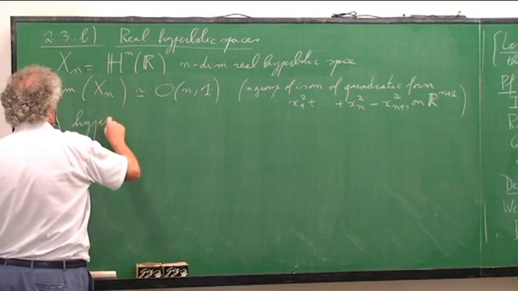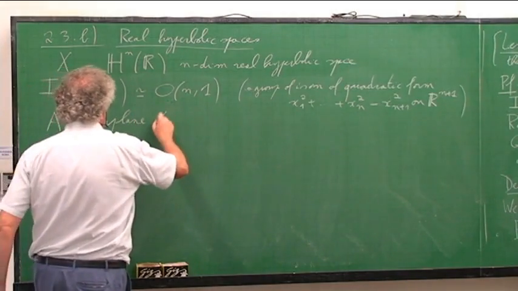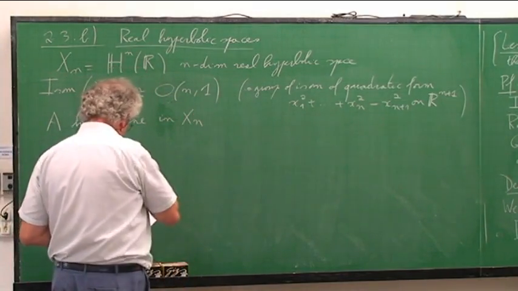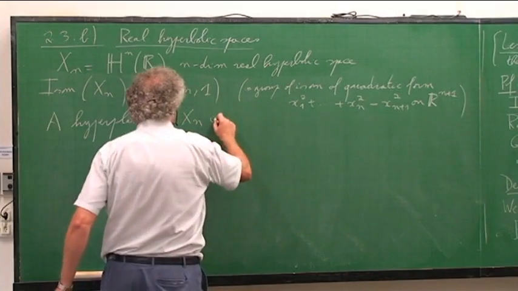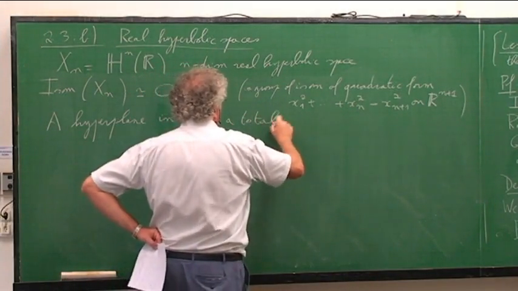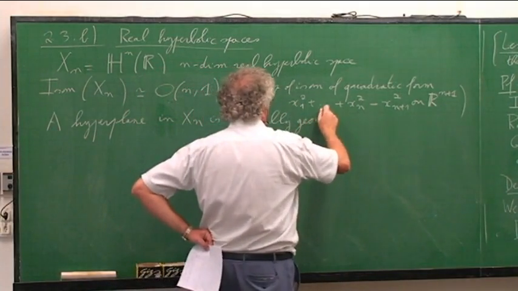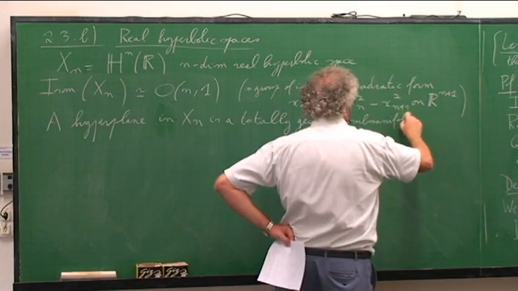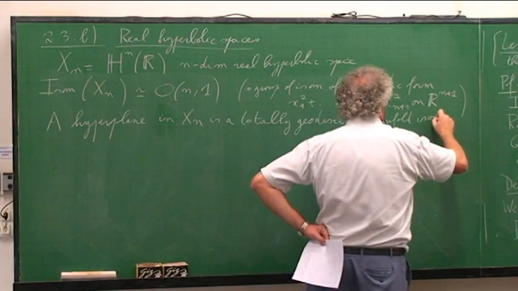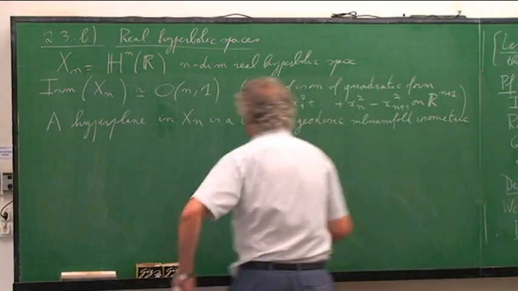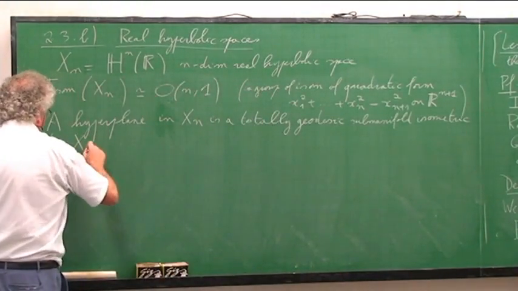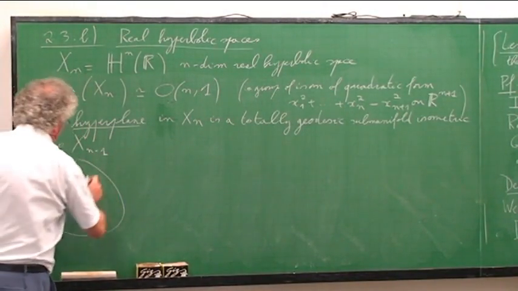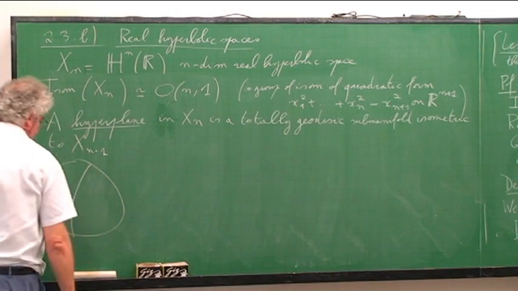In real hyperbolic geometry, we have the notion of hyperplane. So a hyperplane in X_n is a totally geodesic submanifold which is isometric to X_{n-1}.